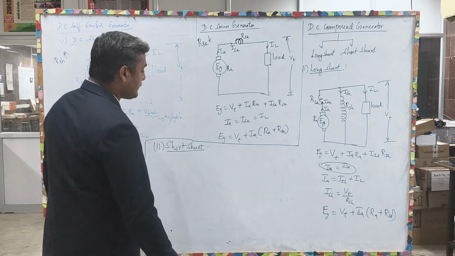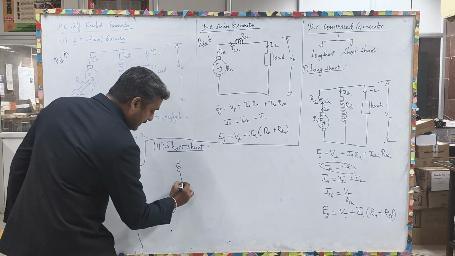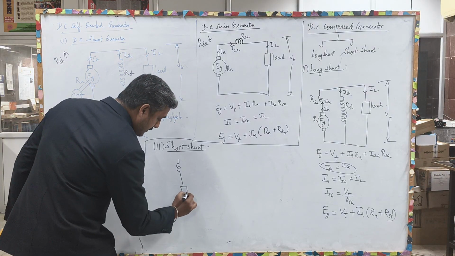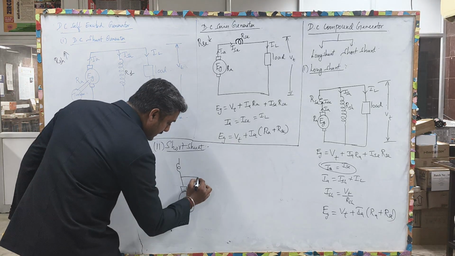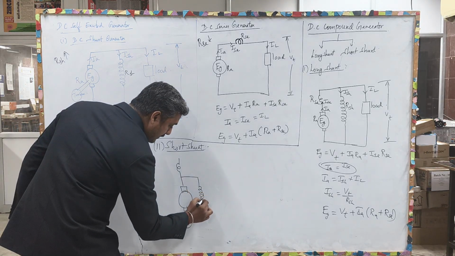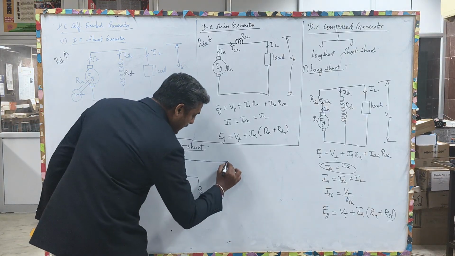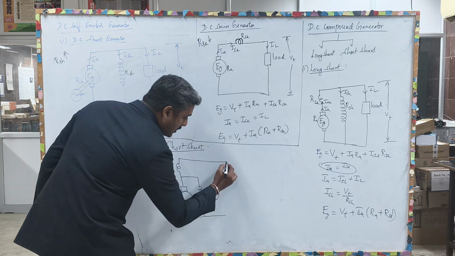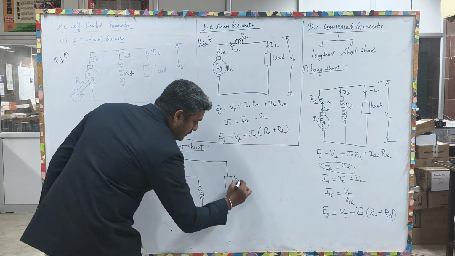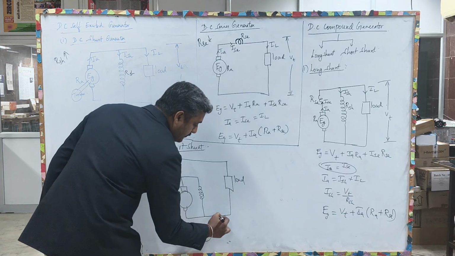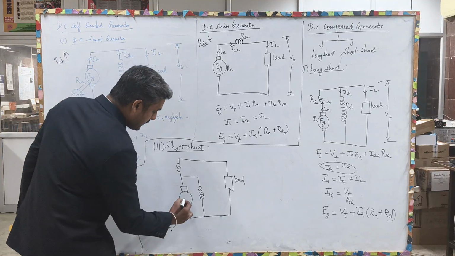In a short shunt, you will be having the series field winding and the armature, but the shunt field winding will be connected only across the armature. Then it is called a short shunt DC generator.